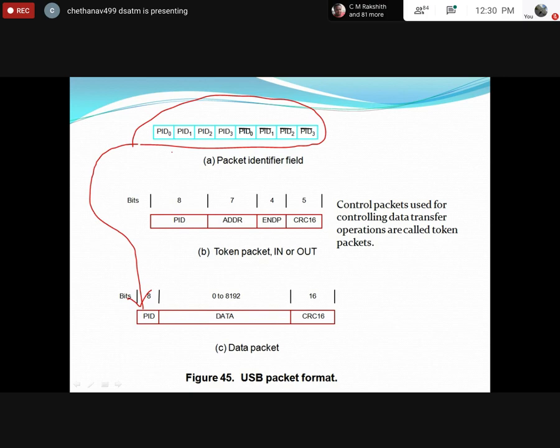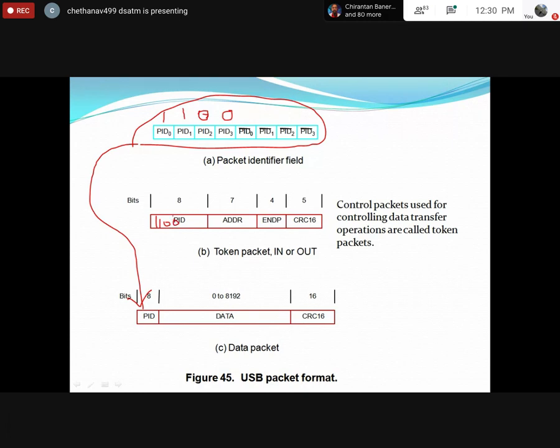What are those 4 bits? You include any unique ID, 1100. Now 1100 is the packet identifier. The packet identifier number will be 1100.